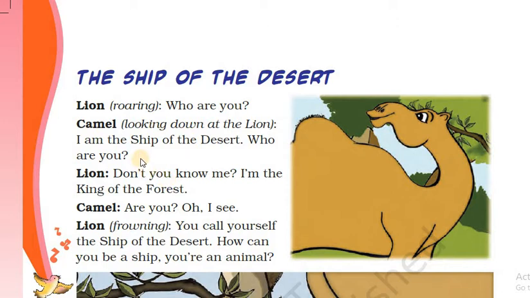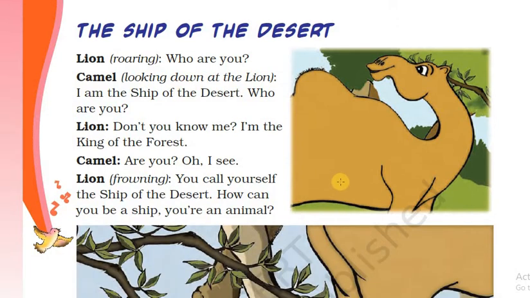Let's start the reading and explanation part of the lesson. Lion says, "Who are you?" Lion roaring, that is दहाड़ते हुए, that is गर्जना करते हुए, he is asking the other animal, "Who are you?" Camel looking down at the lion. Camel जो है वो lion की तरफ देखते हुए, looking down.